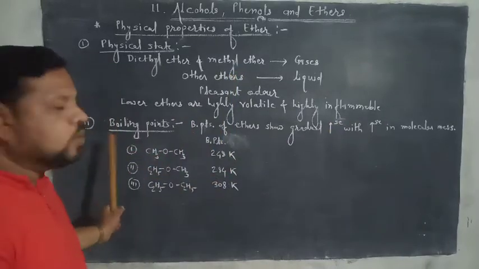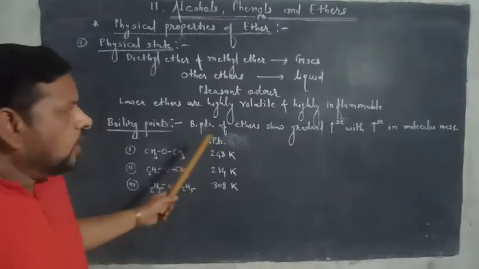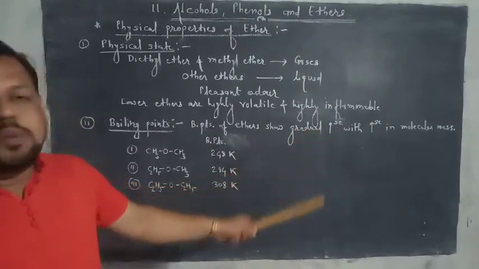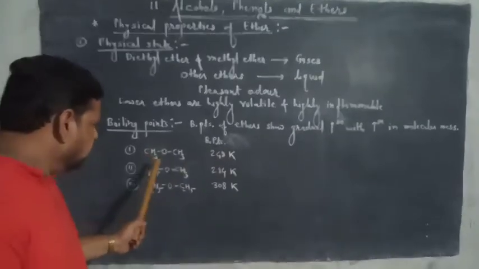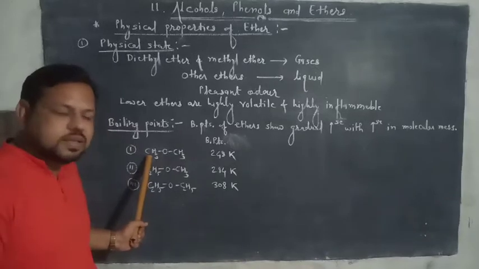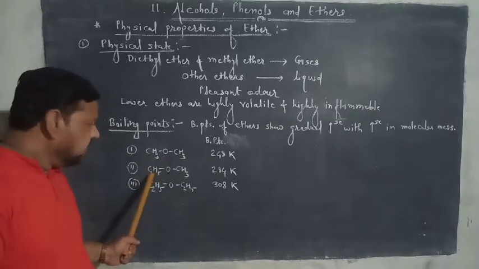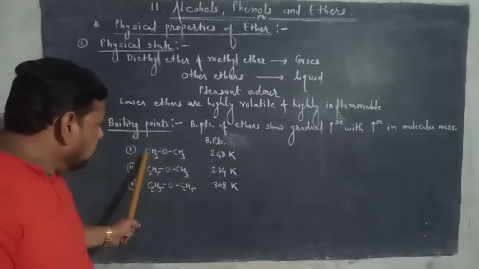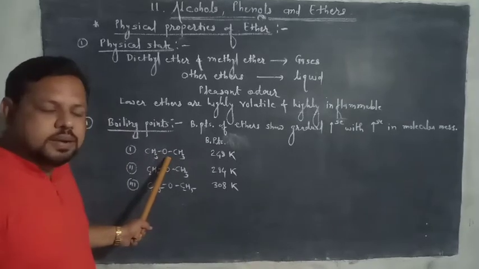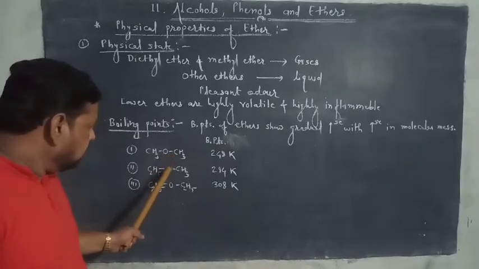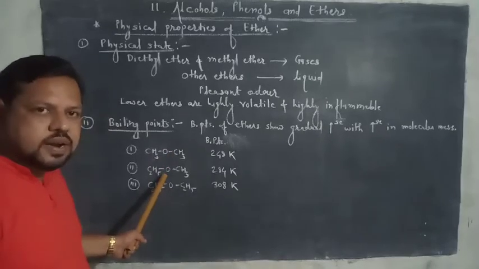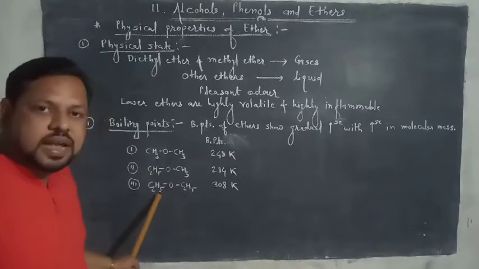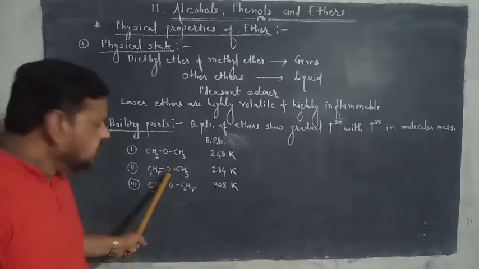Then the second physical property, that is the boiling point. Boiling points of ethers show a gradual increase with molecular mass. See here the examples: dimethyl ether, then ethyl methyl ether, and diethyl ether. The molecular mass of dimethyl ether is smaller, then ethyl methyl ether is greater than dimethyl ether, and diethyl ether is greater than ethyl methyl ether.